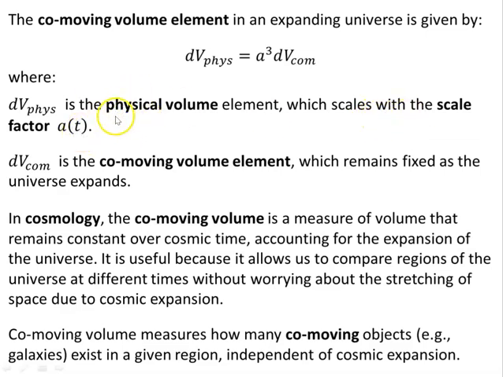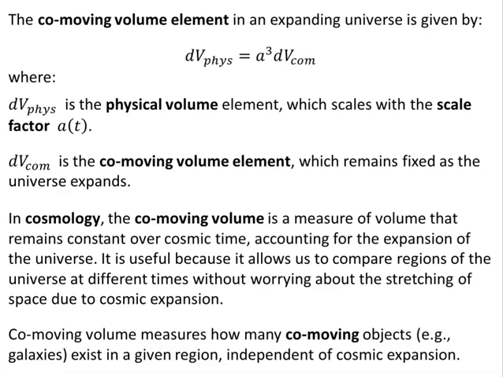That's the physical value you would measure. dV com is a co-moving volume element which remains fixed as the universe expands. In cosmology, the co-moving volume is a measure of volume that remains constant over cosmic time, accounting for the expansion of the universe. It is useful because it allows us to compare regions of the universe at different times without worrying about the stretching of space due to cosmic expansion. So when we talk about co-moving, it's like co-moving distance.